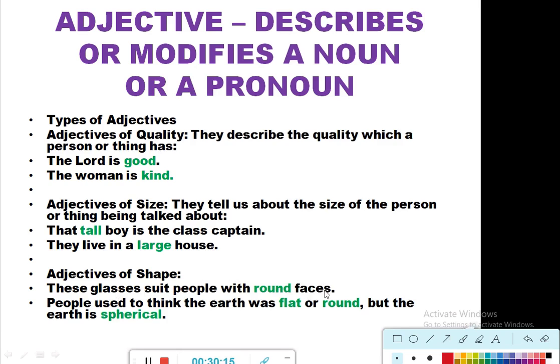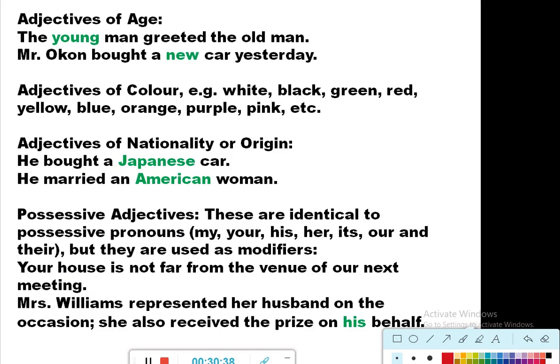Round is the adjective of shape describing the face. People used to think that the earth was flat or round. That's the shape of the earth they assumed was flat or round. But the earth is spherical. That's another shape of the earth that scientists have eventually concluded is the actual shape of the earth.